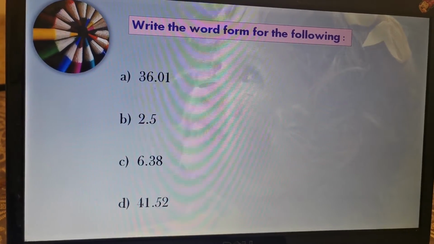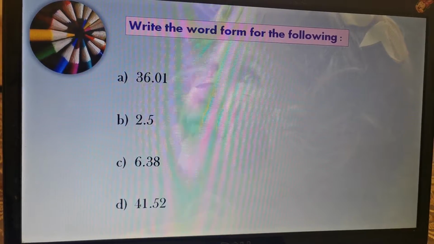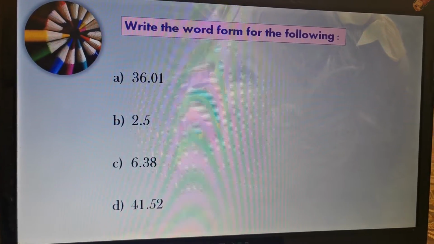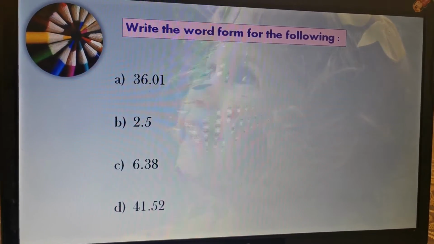Let's try this. How do we read the first one? I'm giving you time. Excellent. 36 and 1 hundredth. Let's try it over here.